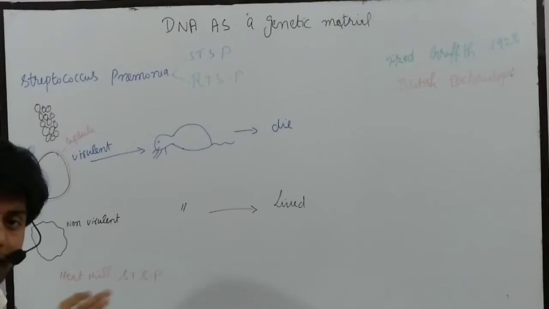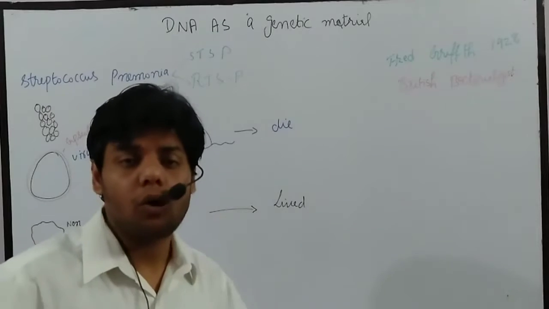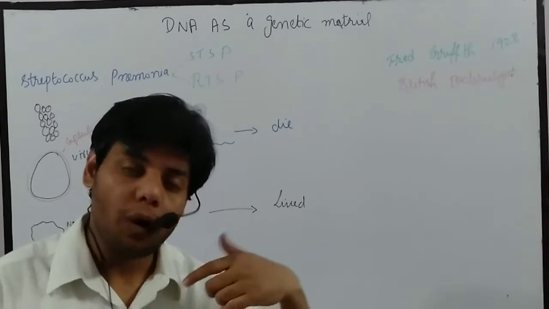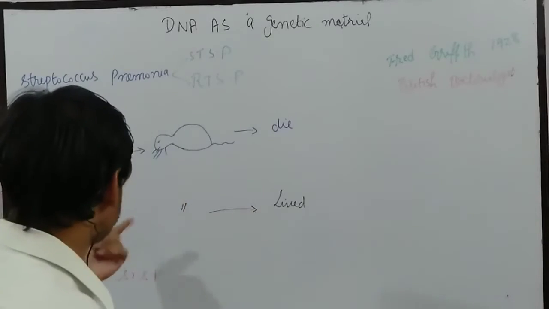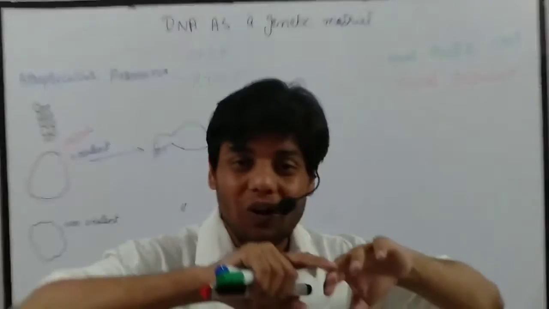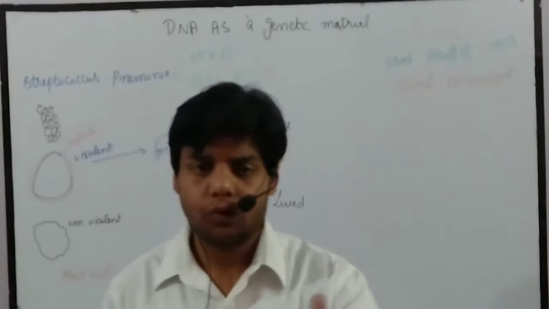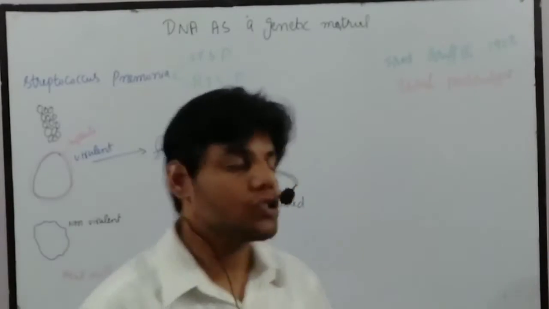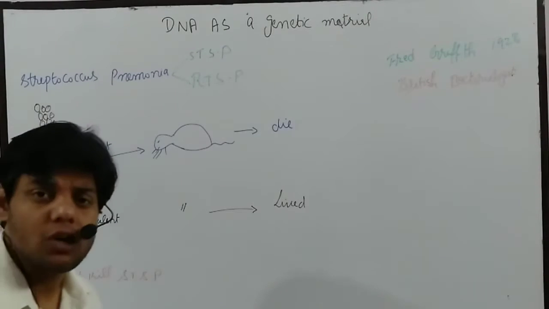Now he took this kind of bacteria and provided some heat to eliminate or destroy the virulence ability, or the pathogenic ability, of this bacteria, or we can say they destroyed the capsule of this bacteria, due to which this bacteria doesn't have the ability to cause disease.